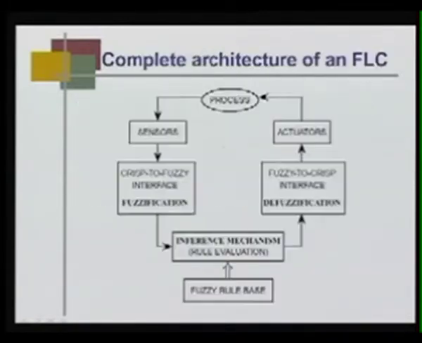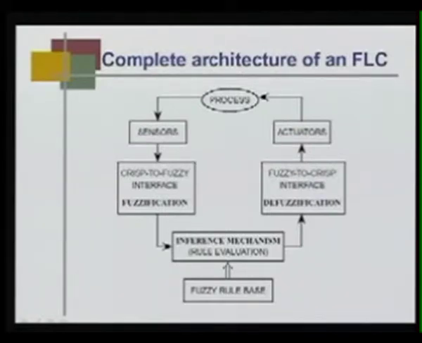The next step is to test the system, evaluate the results, tune the rules and membership functions, and continuously simulate until satisfactory results are obtained. Okay. So, this is the complete architecture of a fuzzy logic controller. This is our plant or process. You have sensors, and you get the plant feedback through sensors, which is converted to fuzzy linguistic variables, known as fuzzification.